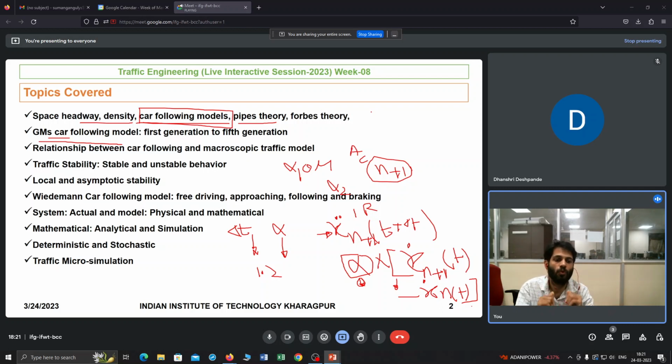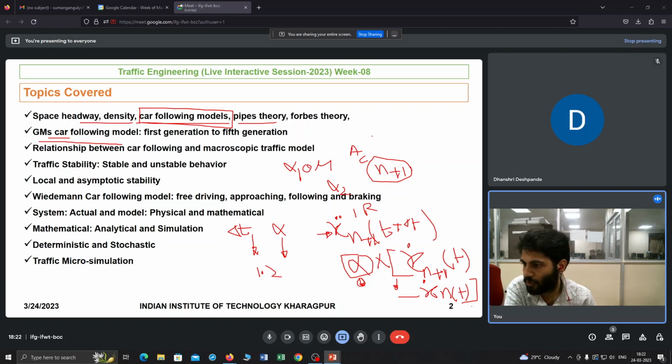Whenever your space headway is lower, a higher sensitivity value has been proposed. Why is that? Because if your space headway is lower, your vehicles are closer, so there is more chance of collision, or interaction at least. So your sensitivity is higher, because alpha multiplies some factor, so it will increase your acceleration. That means you will react quickly, and vice versa.